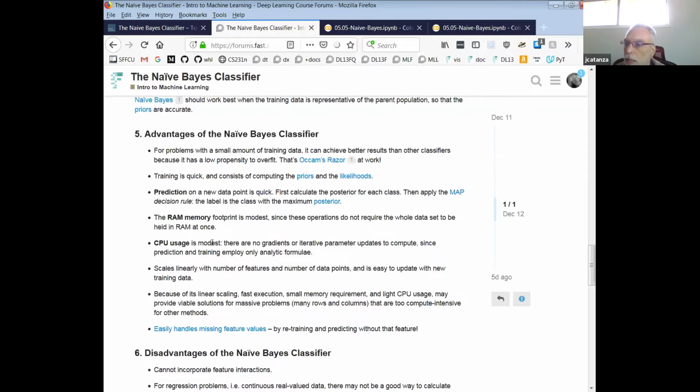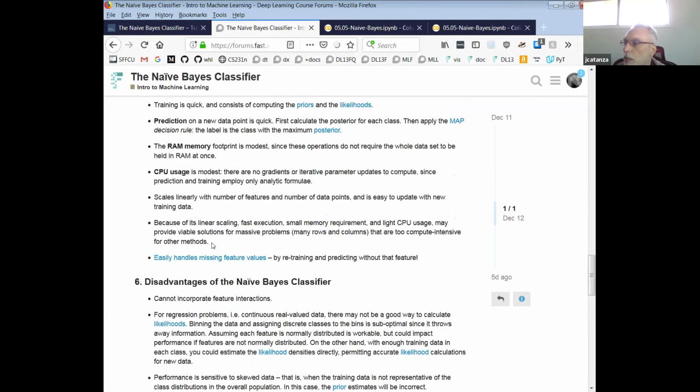You don't have to compute gradients, matrix products, or anything like that. Another good thing is it scales linearly with the number of features and data points, so it can easily be extended to very large data sets. And if you have new data, you can easily update it without much computation cost.